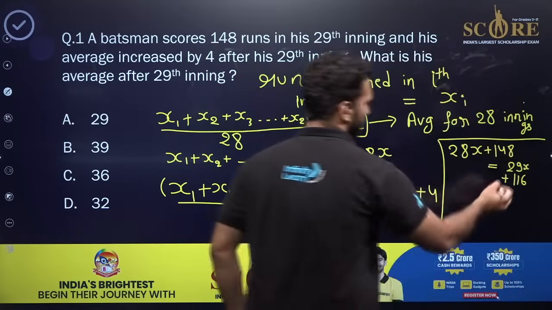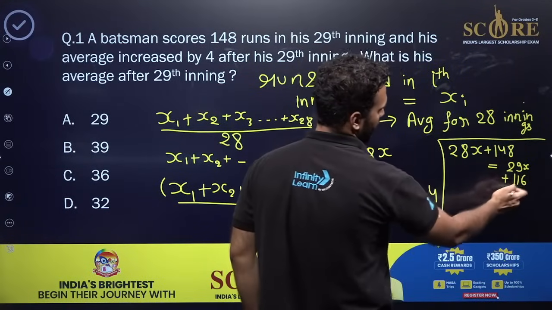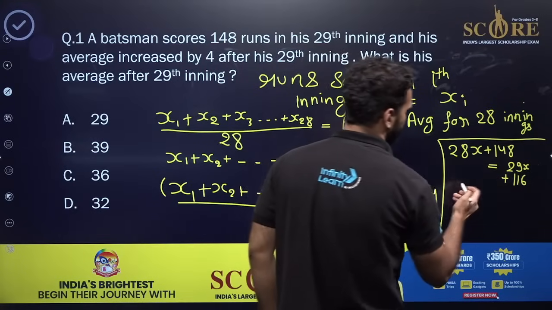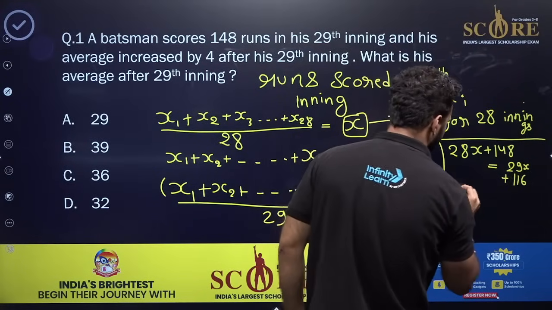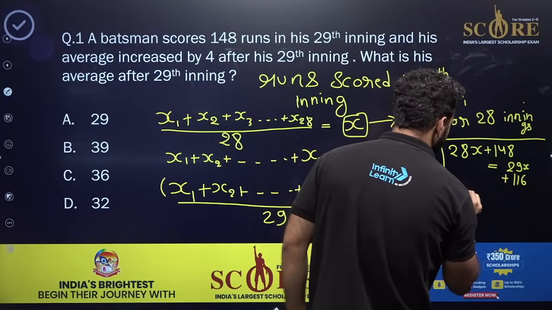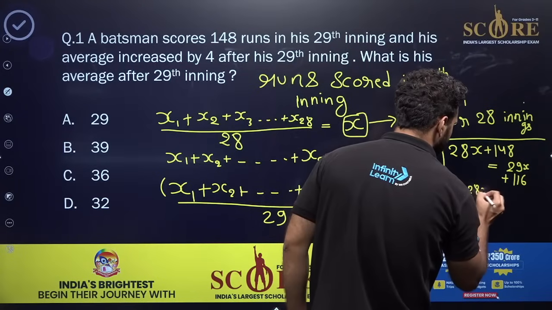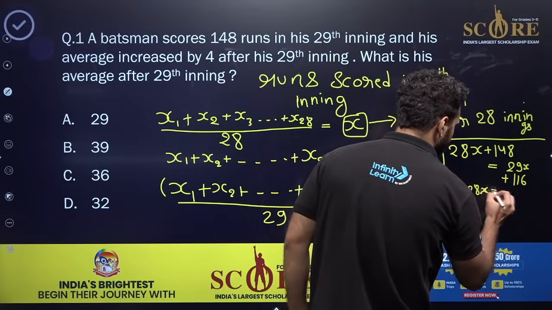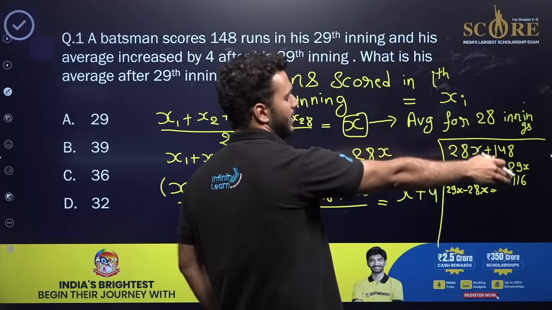Okay. Now solve this. If we put this 116 here and 28x there, what will I get? So 29x minus 28x is equal to 148 minus 116.